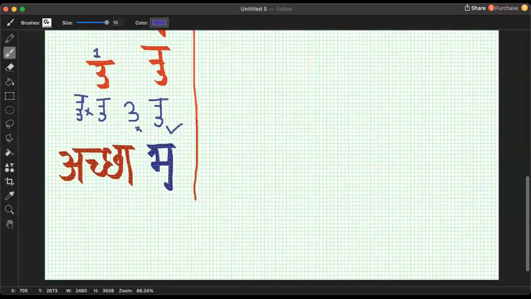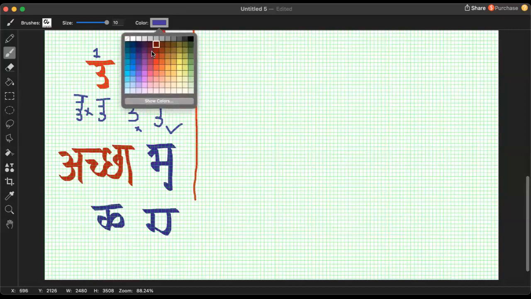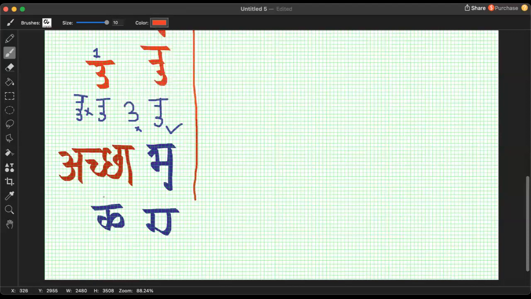And if you're writing "cha", first we will write "cha", and below that, we all know this is the second "cha" in Sharada, and it is touching the Shiroreka only once.